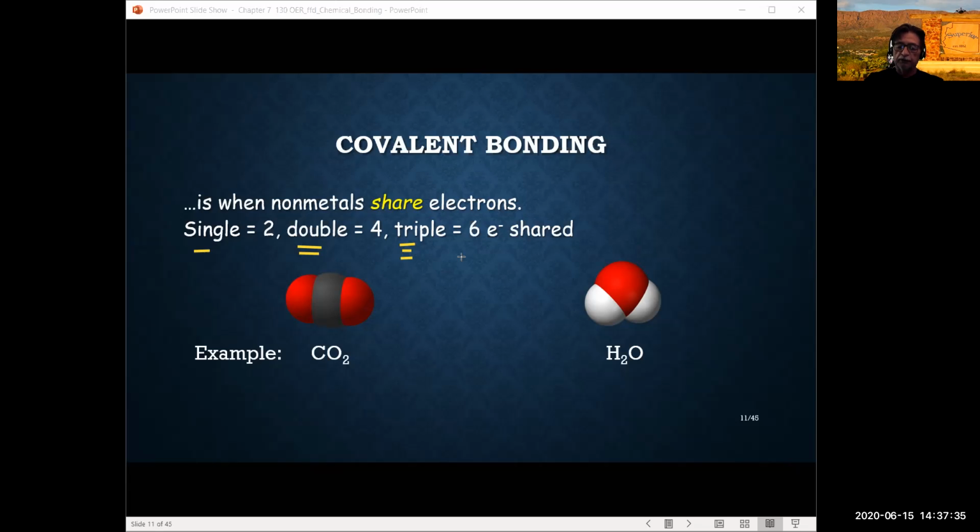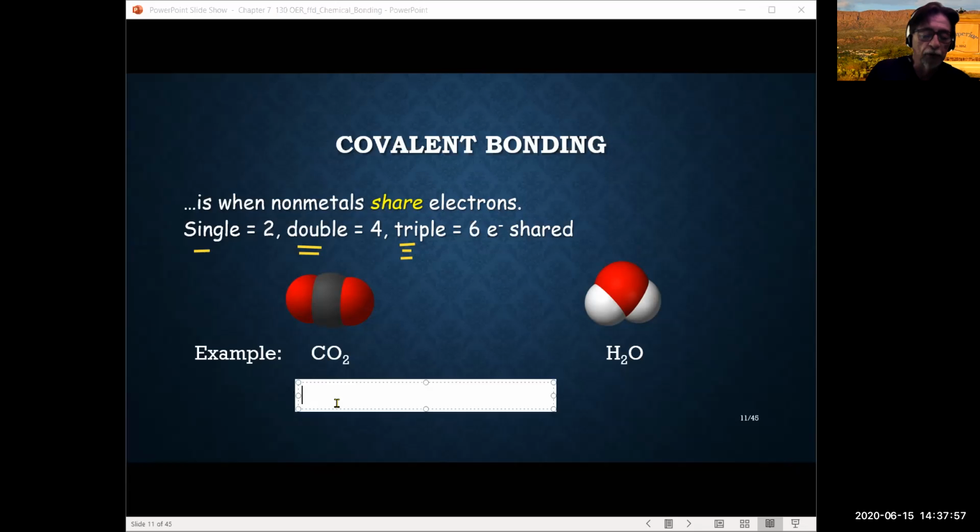Okay, some good examples here are carbon dioxide, where the carbon is the central atom, and there's a bond between the oxygen and the carbons. Let me see if I can draw an example of that real quick. So one way you might see, you get the oxygen, the equal, carbon, the equal, and then the oxygen.